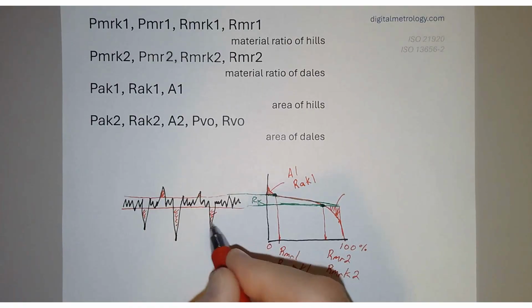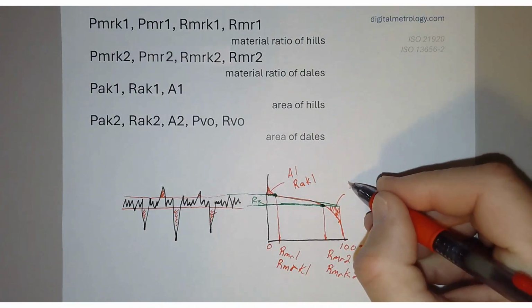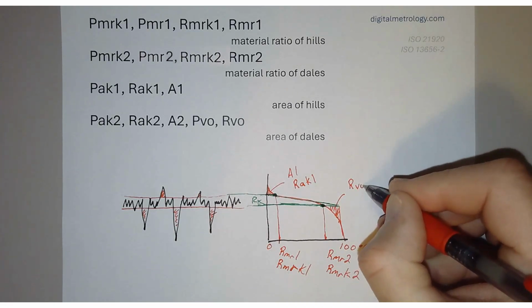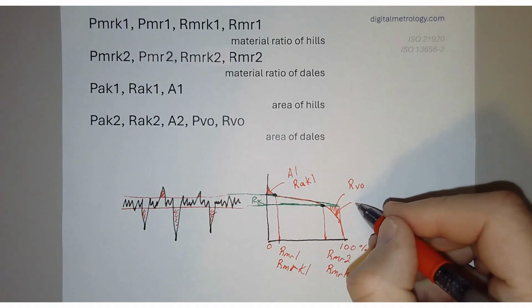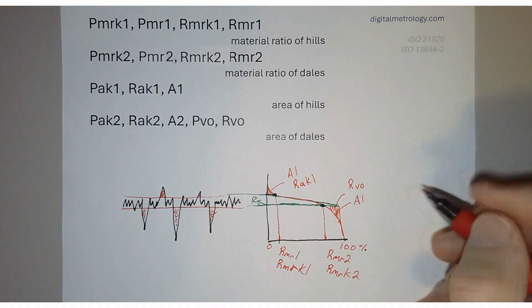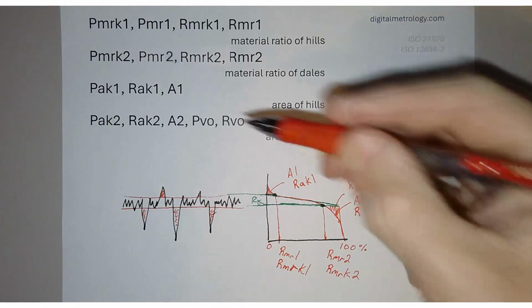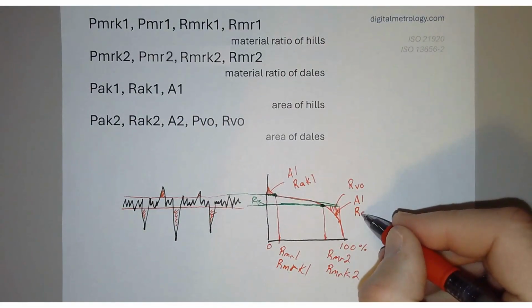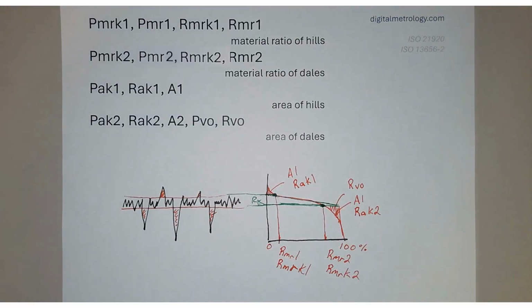In fact, in many industries, this is called the oil holding volume. This is referred to as RVO in many industries. But in terms of standards, we called that A2 in the past, and now we're calling this roughness profile, primary, area in the K family, and it's the number 2 area in that family.